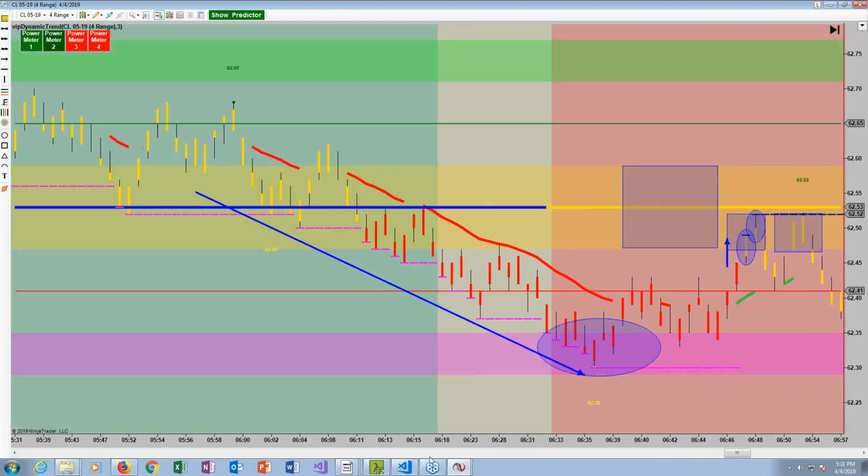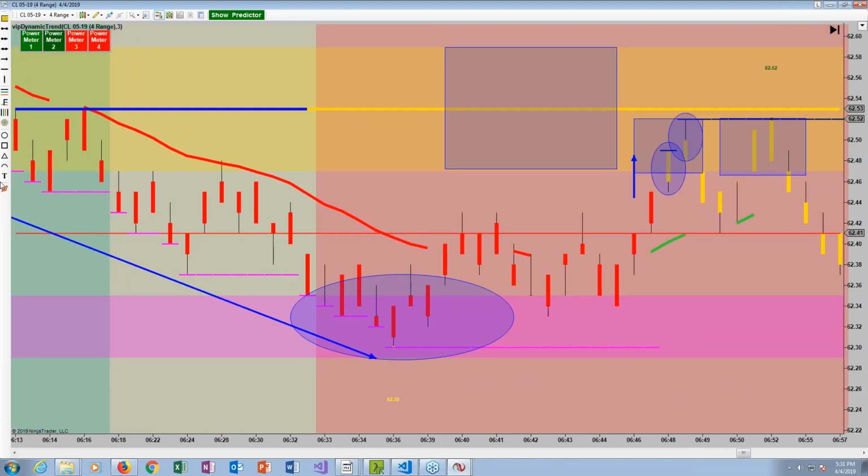Here, let's get real clear about this. We're going to really analyze this real good so there's no confusion about what we're doing. Did this bar close up or down? This one right here. It closed down.